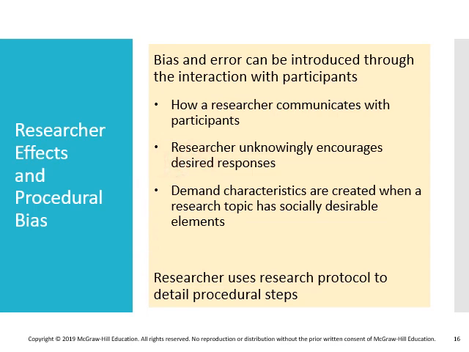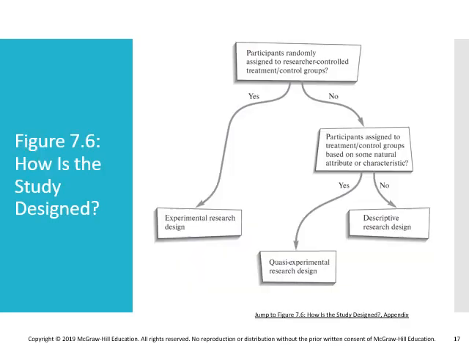So with that, we have one final slide to help us think about which of the three types of experimental designs is most appropriate. So first off, are participants randomly assigned to researcher-controlled treatment and control groups? If the answer is yes, then we are talking about the experimental research design or the classical design.